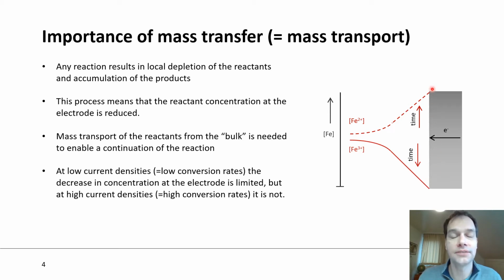And at the same time, iron 2 that is produced at the electrode moves away from the electrode to the bulk. The extent of this mass transport is determined by different modes of mass transfer, which we will discuss in this module.